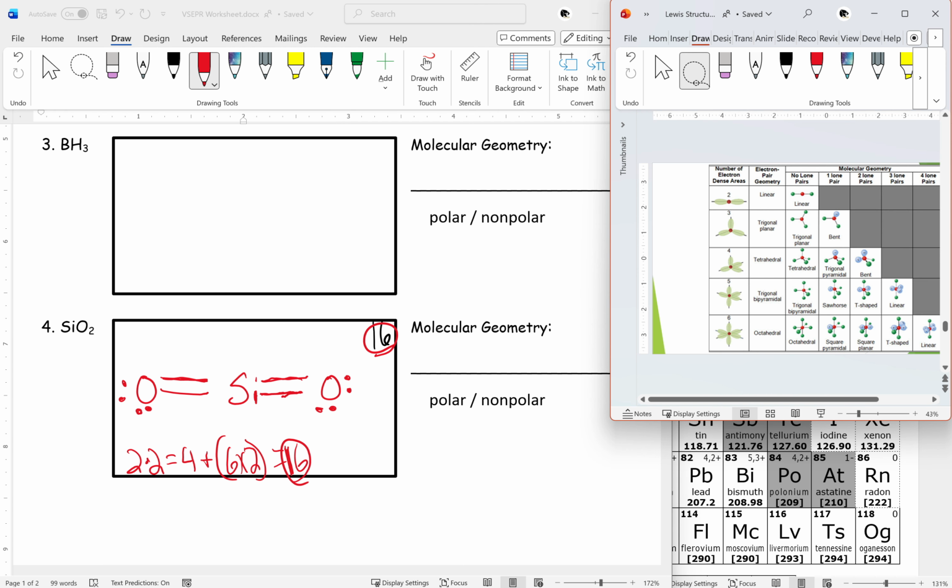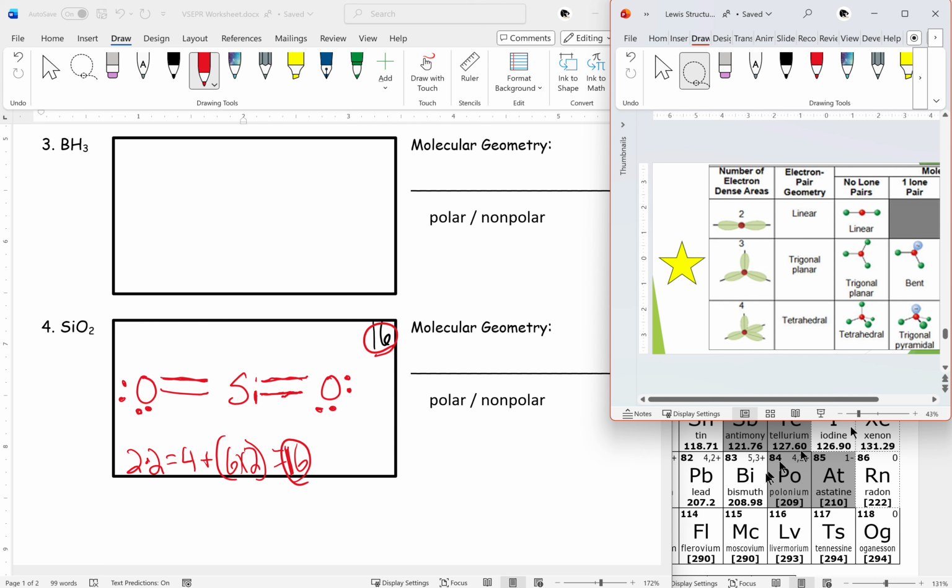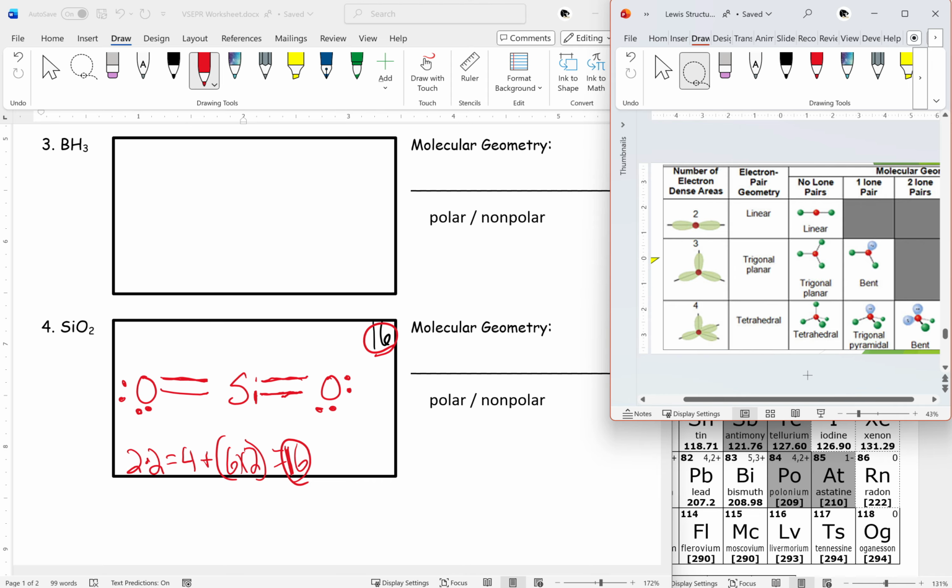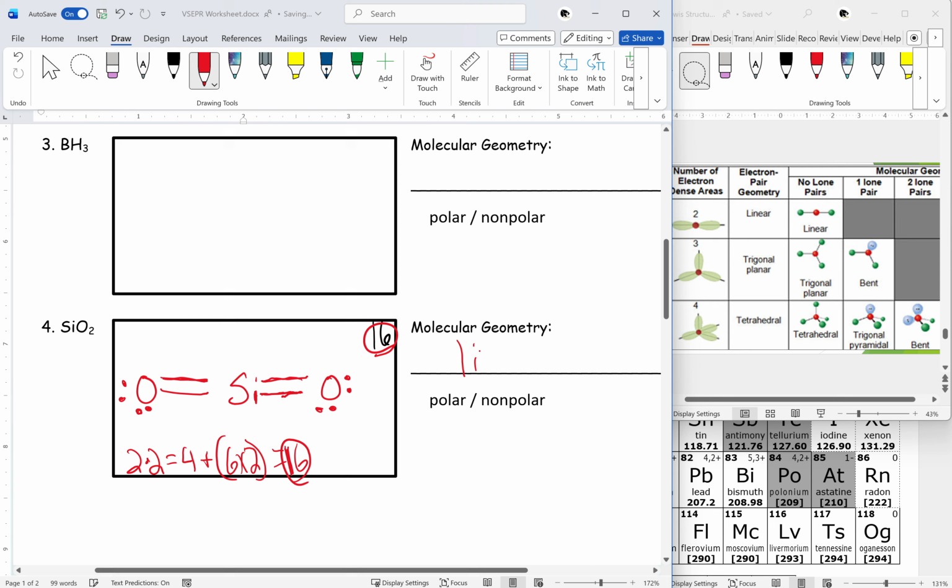According to this chart that we showed, this looks most like the linear one. There are 2 bonds, no lone pairs. So if you have your foldable or you have this chart, either way, you've got a central atom and then 2 bonds to it. So the molecular geometry here will be linear.